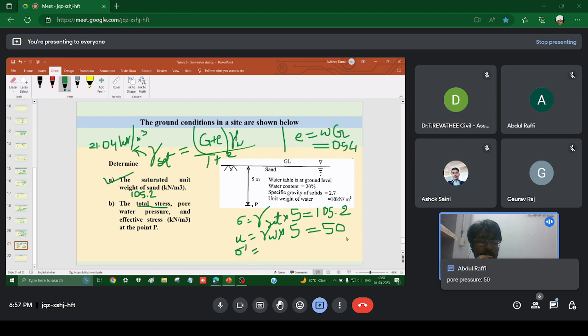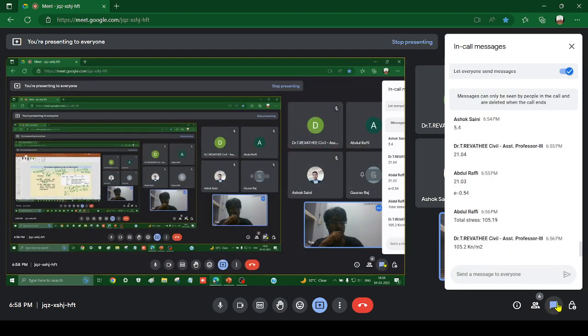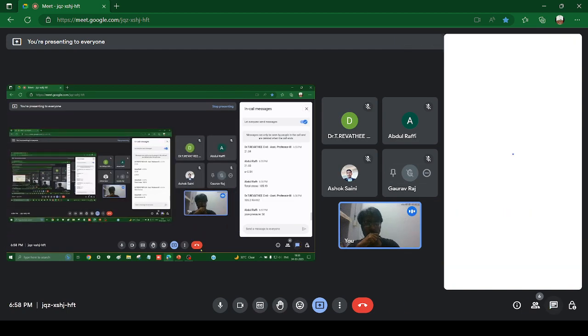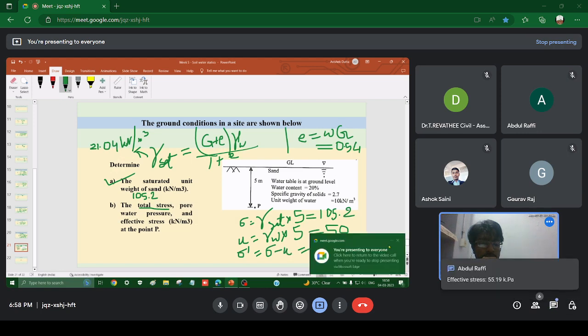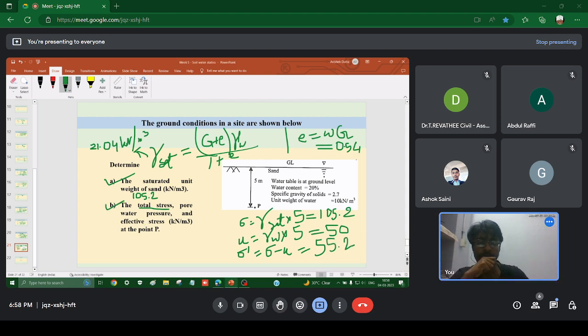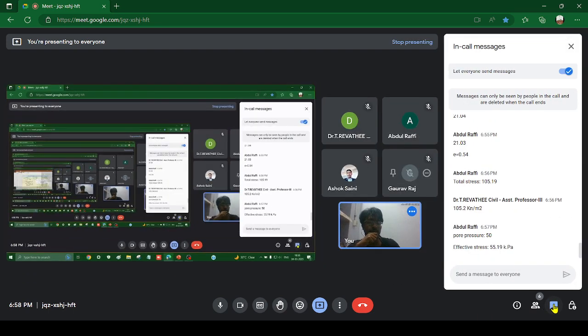This minus this, so I think it's 55.2. Yes, 55.2. Someone has written down some answer. Pore pressure is 50. Yes. So I'll write the formula, sigma minus U equals to 55.2. Okay. Yes, 55.19.